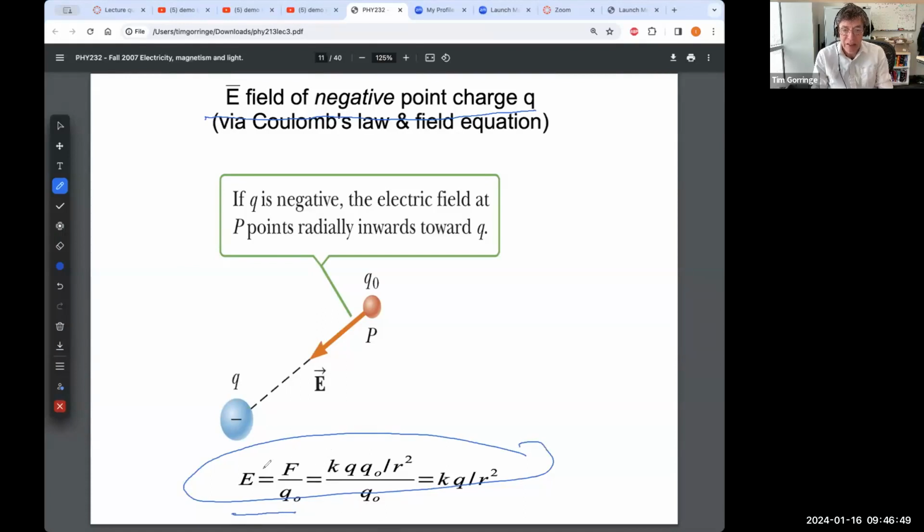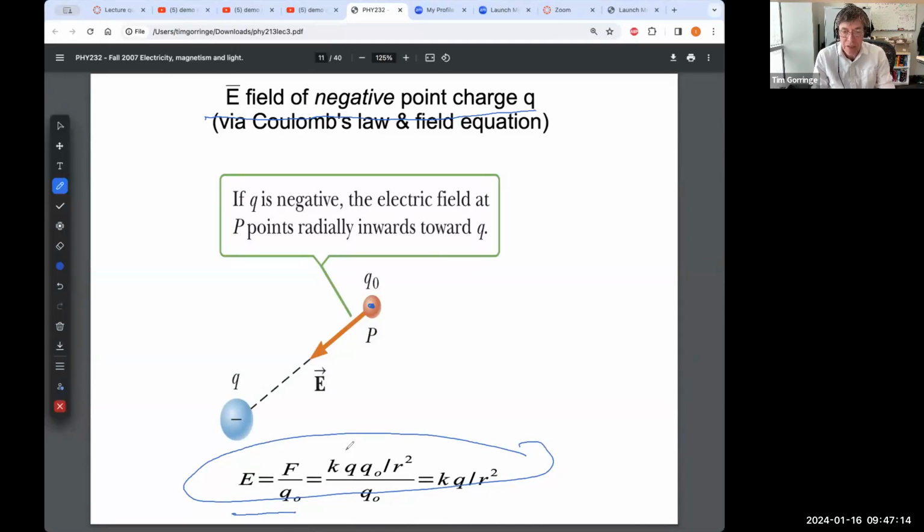The field equation tells us the field at the location of our test charge, in terms of the force that's experienced by the test charge, and the size of the test charge, so the Q naught here. And so that's what the field equation is telling us down here.